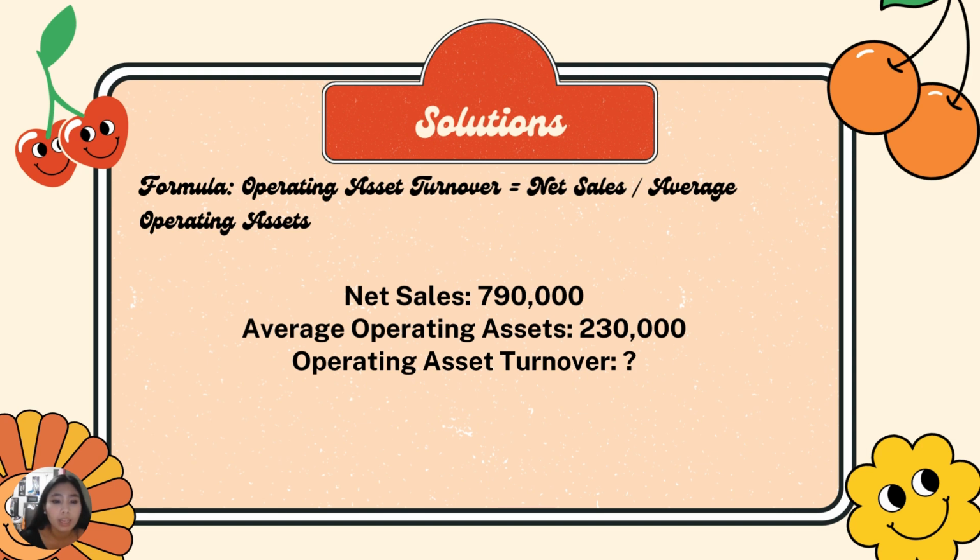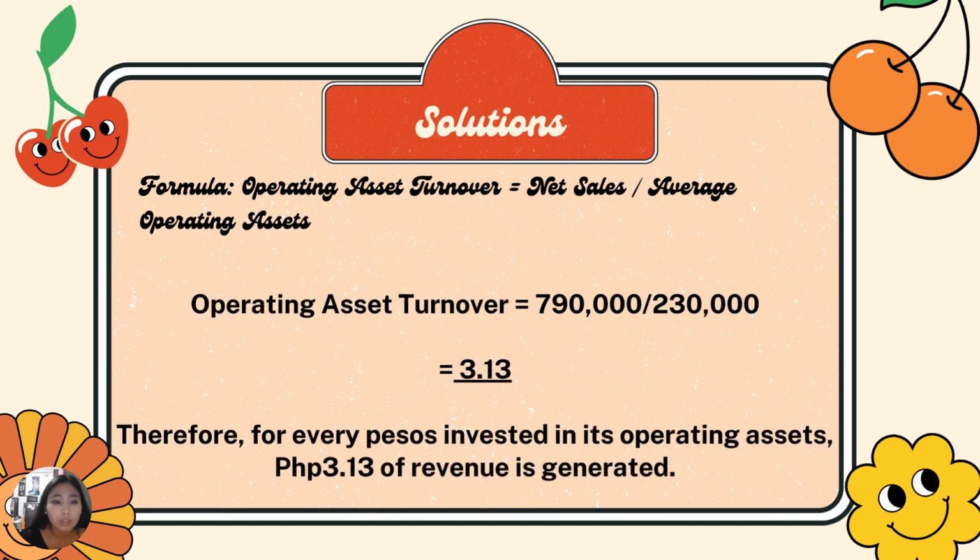So, ang operating asset turnover natin is still unknown. So, gagamitin natin itong formula na to para makita natin yung operating asset turnover. So, operating asset turnover is 790,000 divided by 230,000 equals 3.13. Therefore, for every peso invested in its operating asset, 3.13 of revenue is generated.